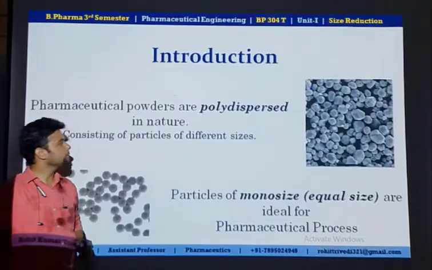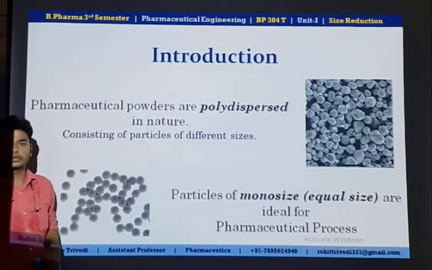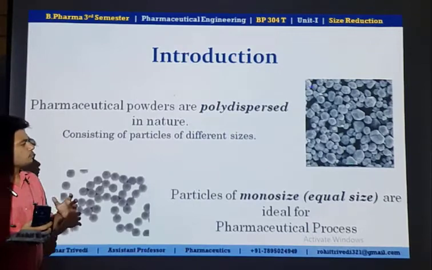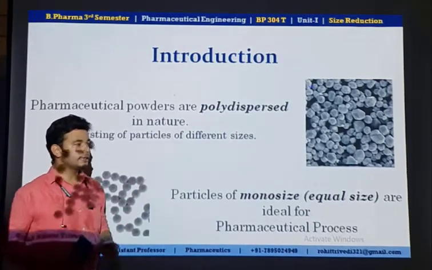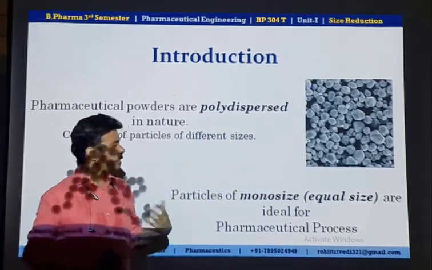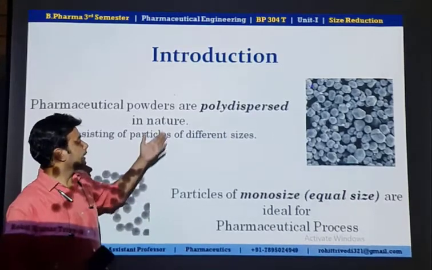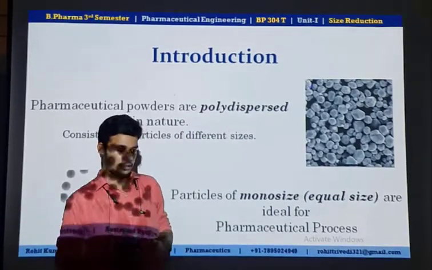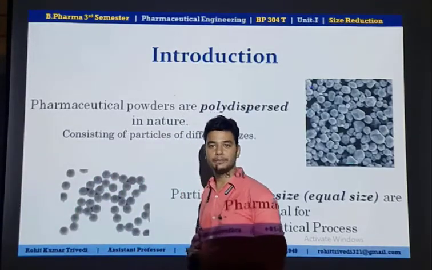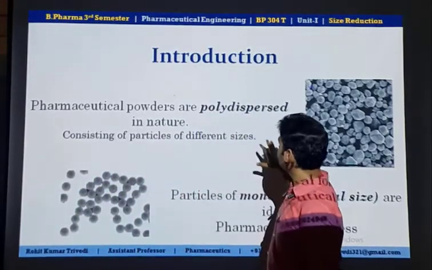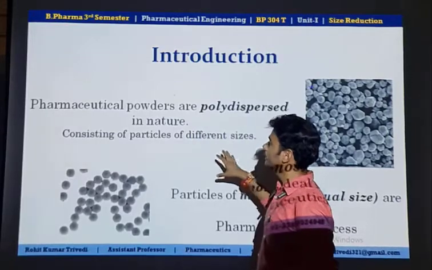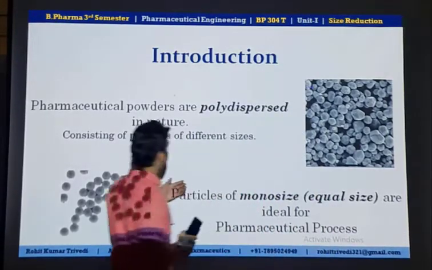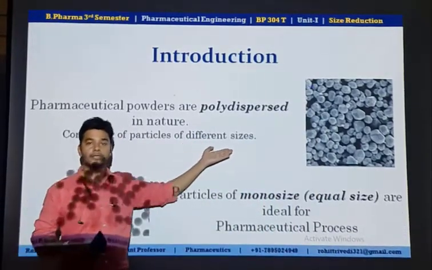Now, moving further, the general introduction. Whenever we talk about pharmaceutical systems, the pharmaceutical powdered systems are generally polydispersed in nature. A polydispersed system is a system that has particles of different sizes.